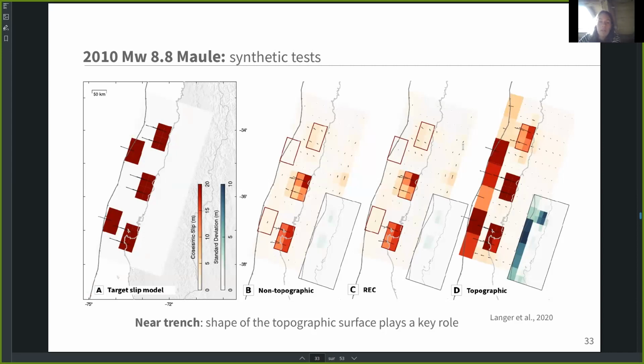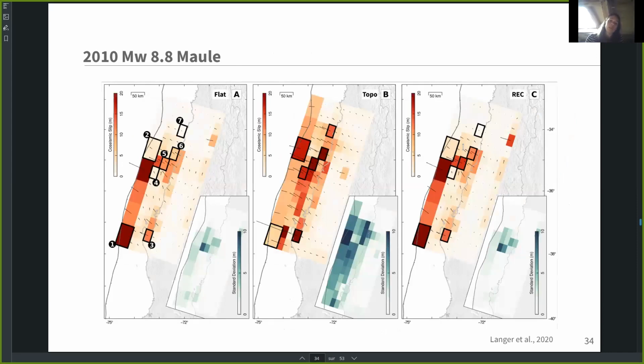If we look at the results for the earthquake, we are not looking at target slip models or static tests anymore. You have the results without accounting for topography on the left side and on the right side. You can see that these two are quite similar, like the test I presented just before.